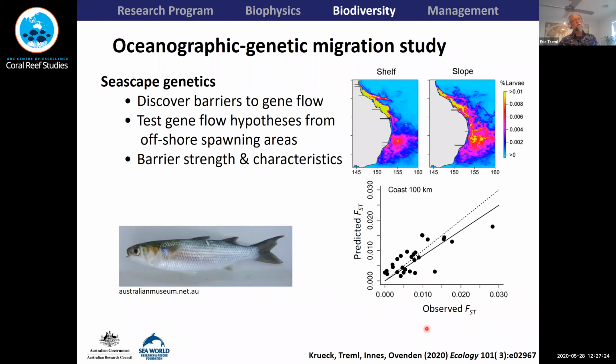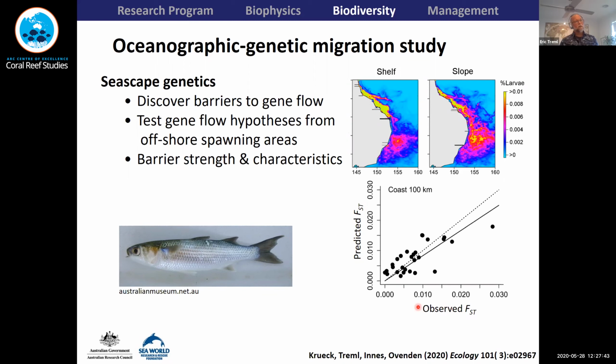Niels tested 12 different locations of spawning, but he went a step further and he modeled genetic differentiation on our migration matrices to come up with a modeled FST, and compared that with his observed FST from his SNP data.